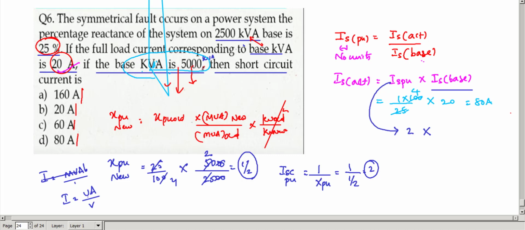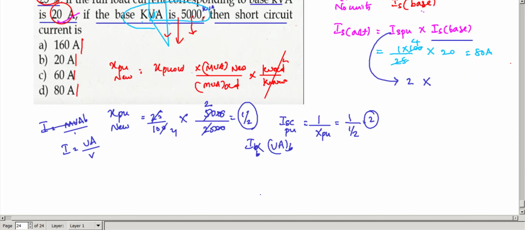So I base is proportional to the VA base. So IB1 by IB2, that equal to kVA base 1 by kVA base 2.